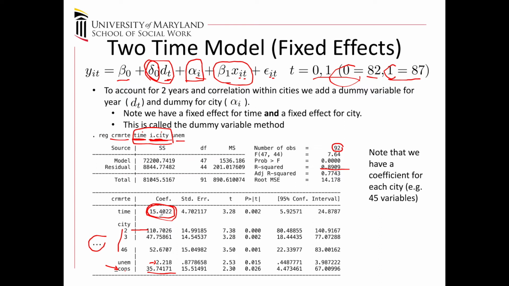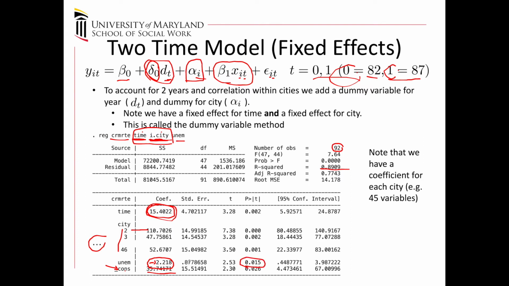So crime goes up between 1982 and 1987. And then again, we can go back and calculate the mean value for crime in 1987. But I will note that we have now estimated the effect of unemployment on crime, and it's positive. So as unemployment goes up, crime goes up, and it's now statistically significant.